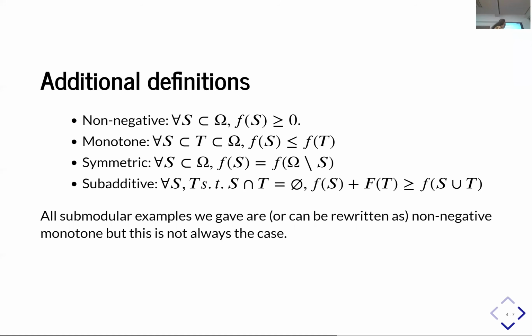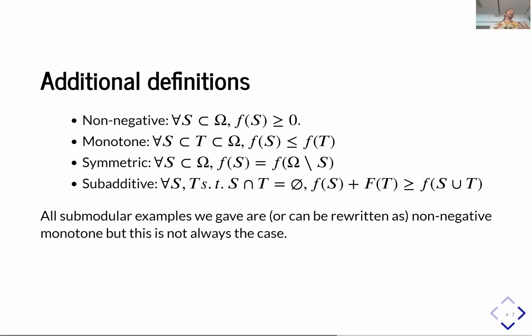Another property, which I mention because it's very close to submodularity, is subadditivity. If you've got two non-overlapping sets, you want them to be subadditive: f of s plus f of t is greater than f of the union. If you've got a submodular function and it's non-negative, it is subadditive, but the converse is not true.